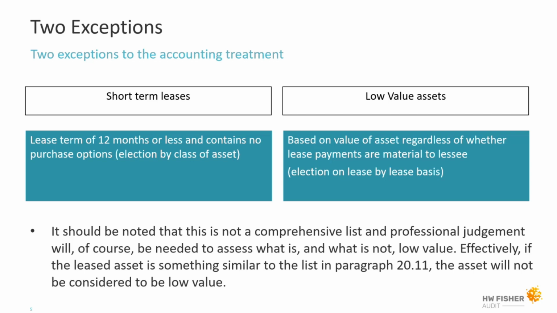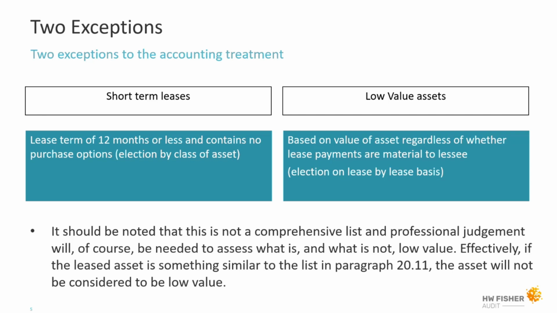Some of the rolling leases could fall into that, or leases that are coming to the end in 2026. So if you've got less than 12 months left on a lease, or some of your office supplies are only leased on a 12-month basis, these ones can be excluded from bringing on balance sheet with the reflective assets.